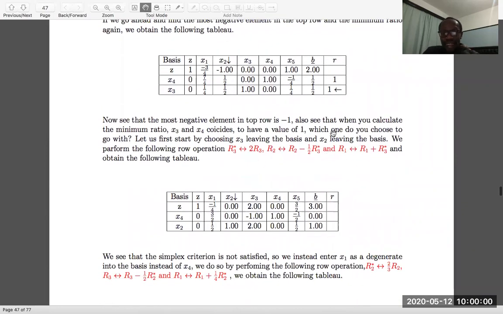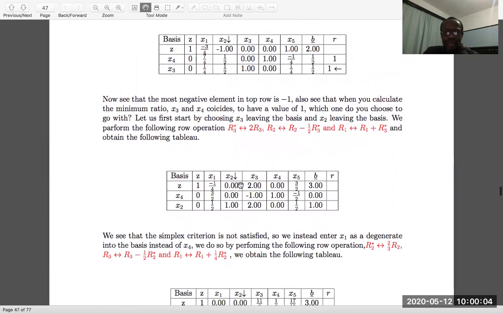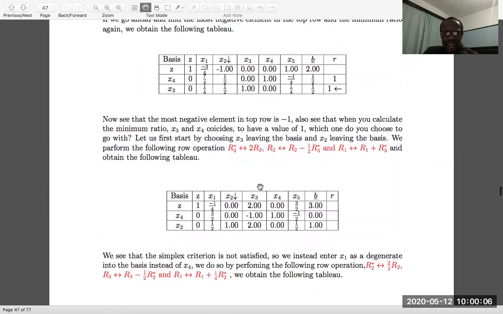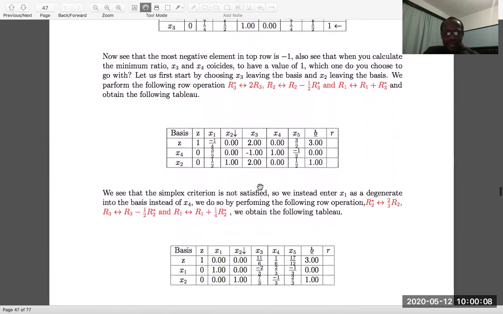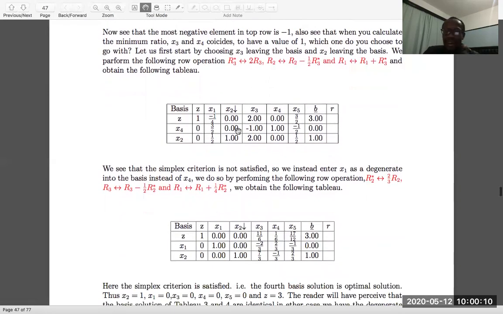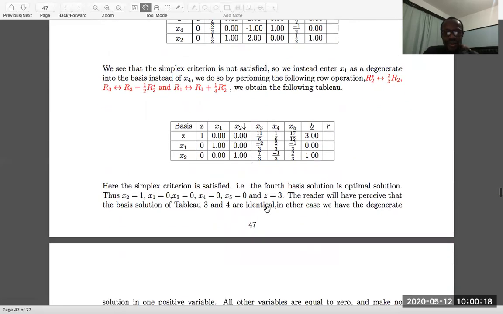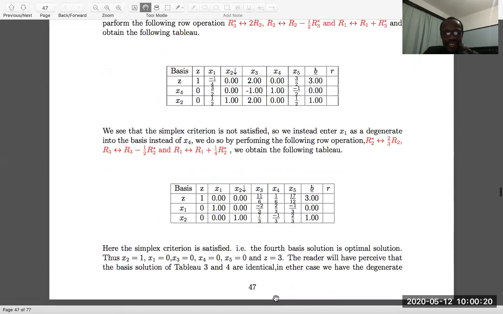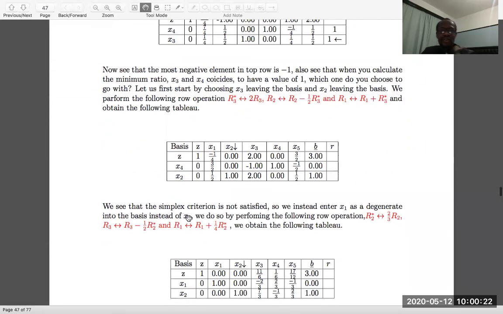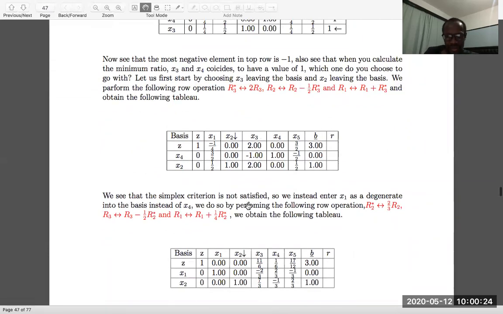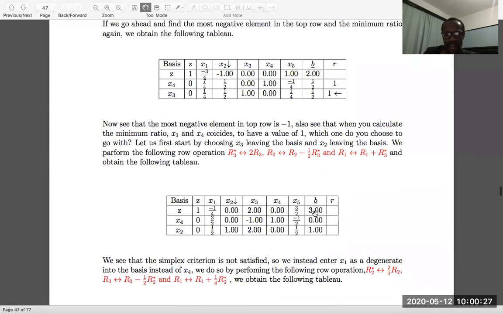So after getting this, we get this again and we look now for the most negative element, right? So again, what will be our most negative element? Ignore the arrow here, it shouldn't be there, it should actually be that one, right? X1. So if we check again, you see that if we choose, we have a problem because here we actually have a 0.